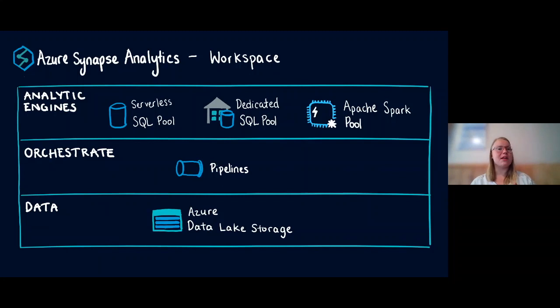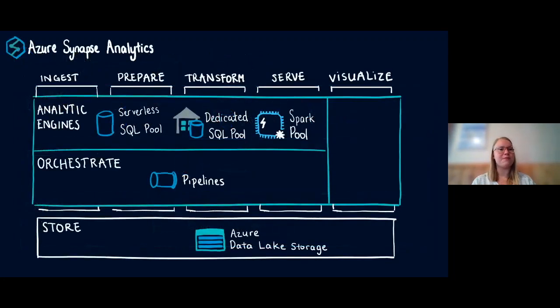Now if we take a step back and think about how this all fits into that data platform workflow that we talked about in the beginning, if we zoom out, the data layer, which was the Azure Data Lake Storage, goes directly in the store layer at the bottom to make the foundation as the central part where all our data ends up.